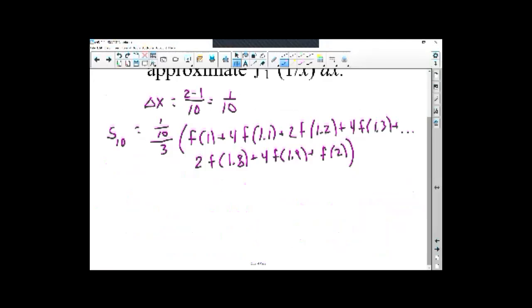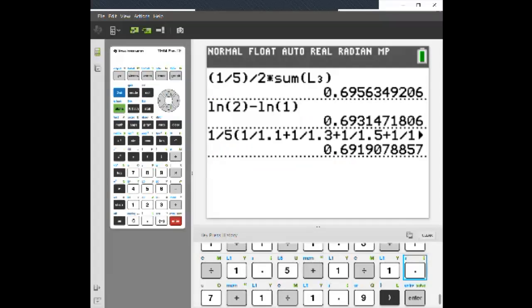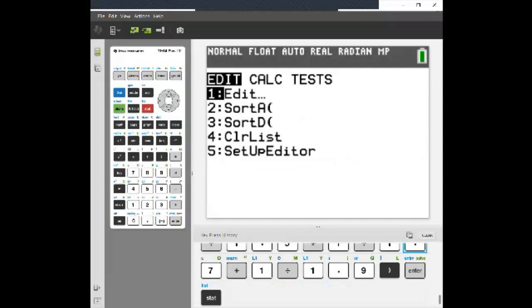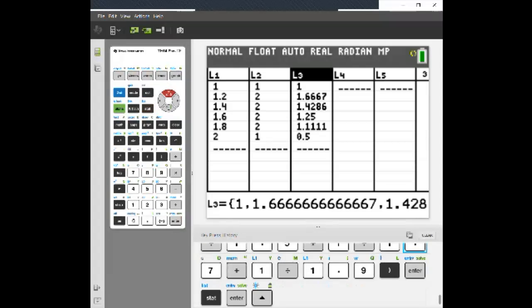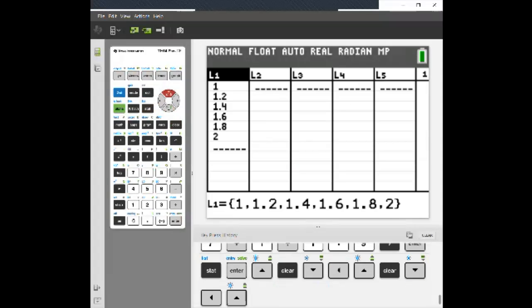Okay. So what you can do on your calculator is go to your lists, and I'll clear these out for now.